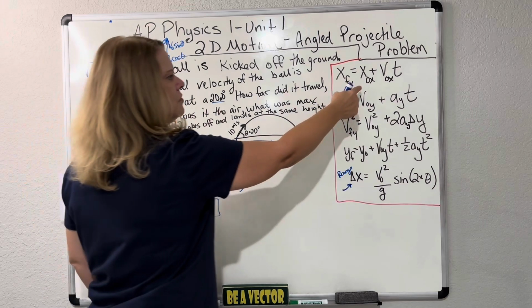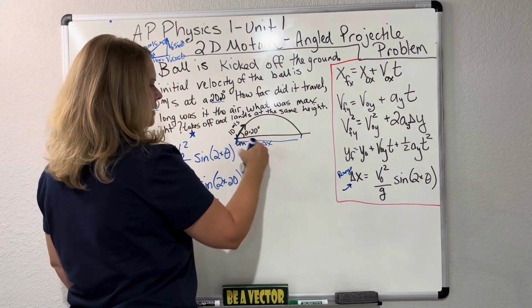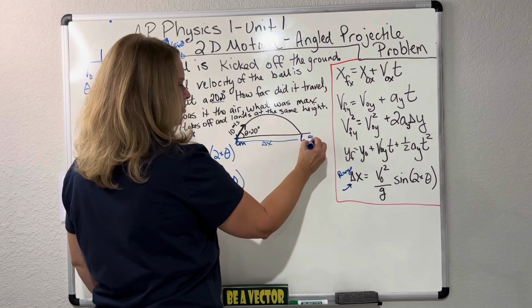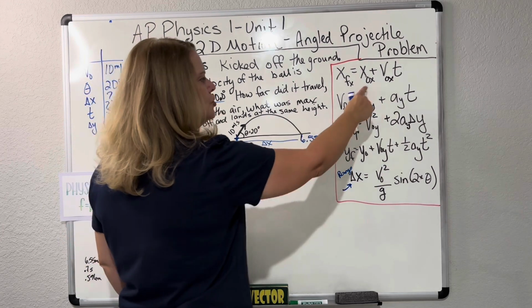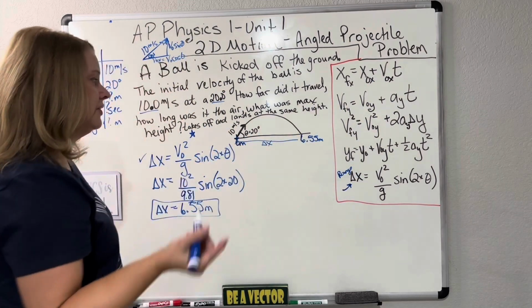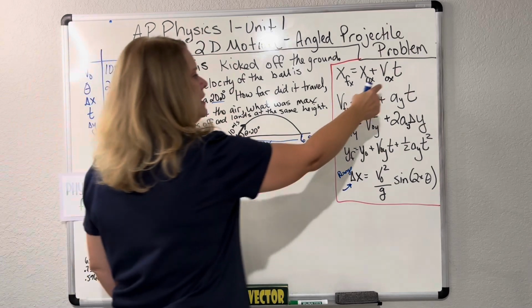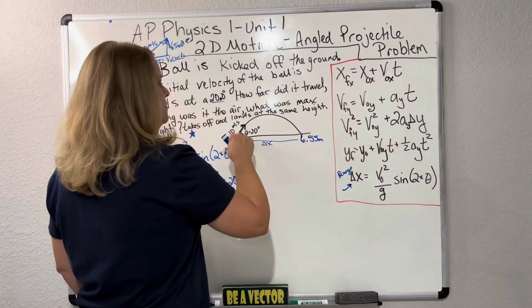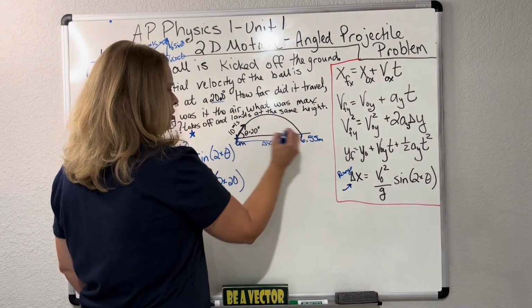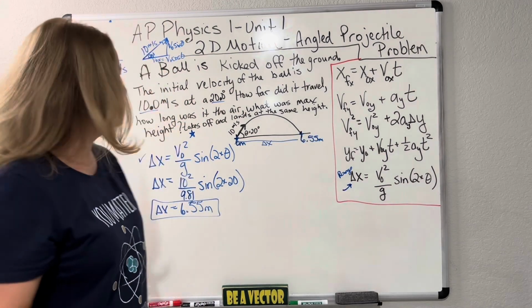I know my initial because you can start all these problems at 0 meters in the x direction. I know my initial velocity in the x because it is 10 cosine of 20. And then I want my time, which would be the whole time, from here until it lands on the ground. So I could use that formula. So I'm going to do that.